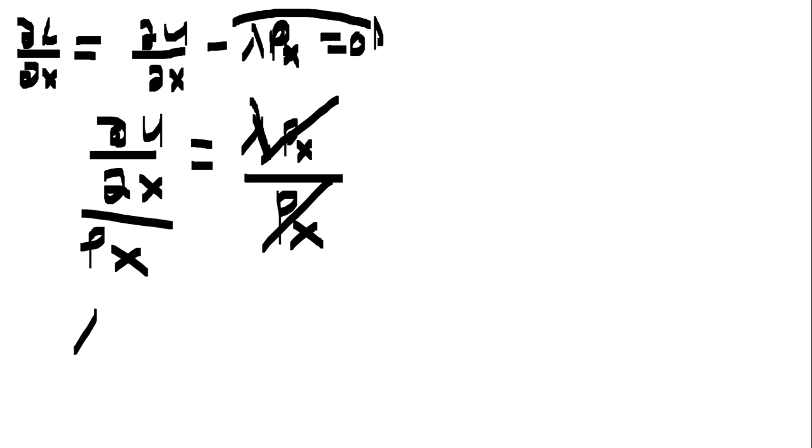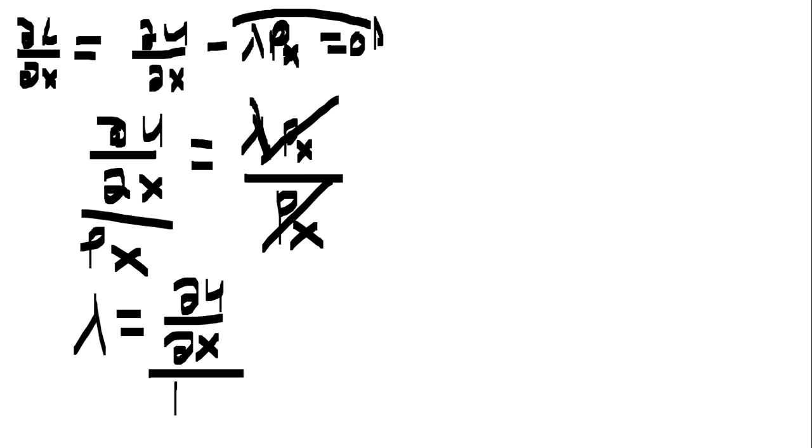Our function is now lambda is equal to change in u due to change in x, everything divided by price of x. That's okay, right?